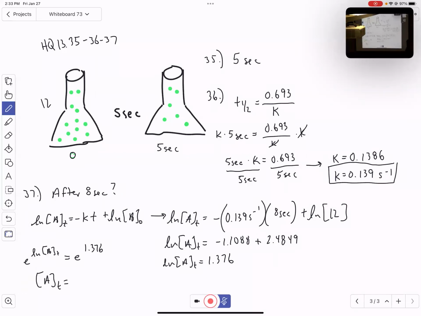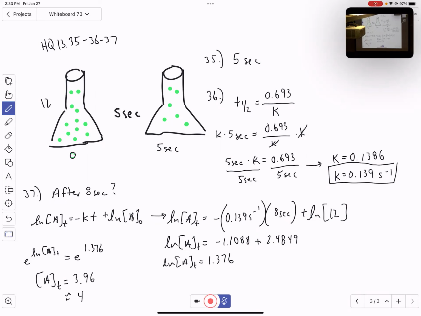Hopefully it's something around 4. Taking e raised to the 1.376, I get a concentration of about 3.96. They asked for the nearest whole number, so I'm going to have about 4 molecules left 8 seconds into this reaction.